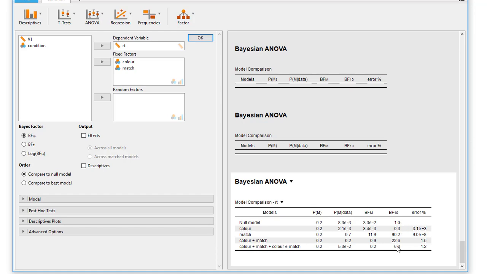So the model with color over the null model is 0.3, so basically it's worse than the null model. And the model with the variable match is 90 times more likely than the null model. The model with color and match is 22 times more likely, and the model with color, match, and the interaction is 6.4 times more likely than the null model.